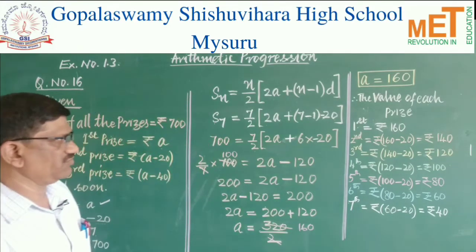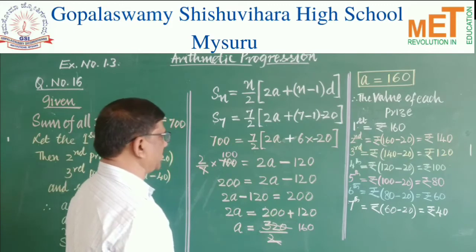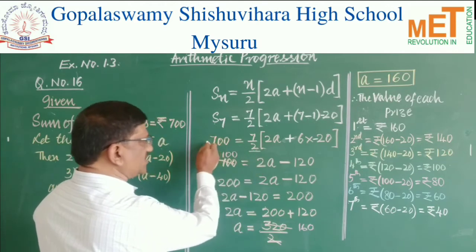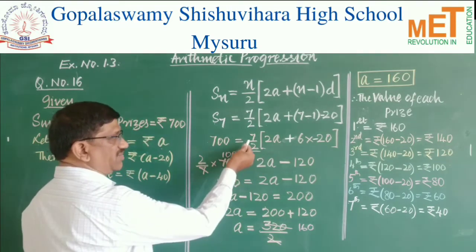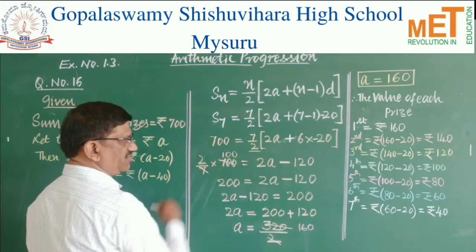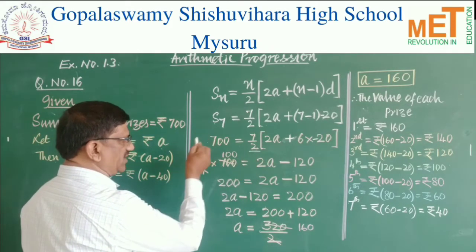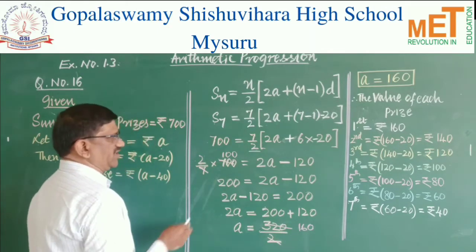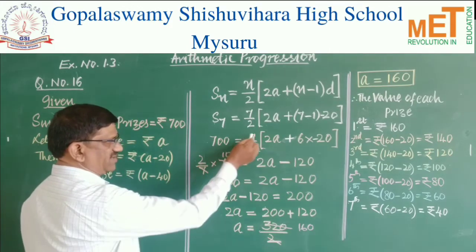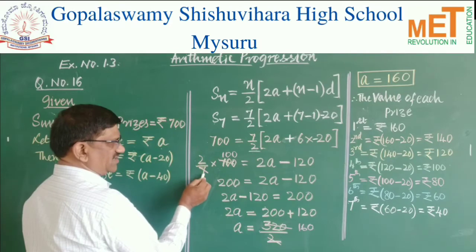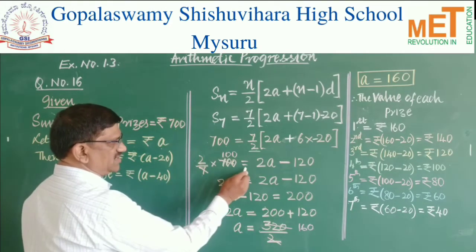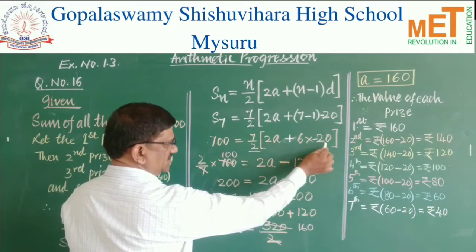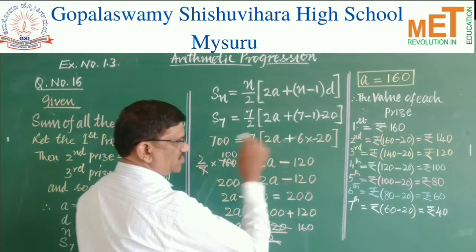Now in the next step, I am sending this 7 by 2 to the left hand side of the equals. The multiplication becomes division, that means 2 will go to the numerator and 7 will come to the denominator. So 7 by 2 becomes 2 by 7, into 700 is equal to 2a plus into minus is minus 6 into 20, which is minus 120.